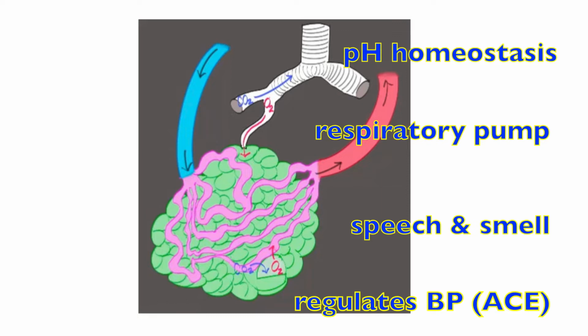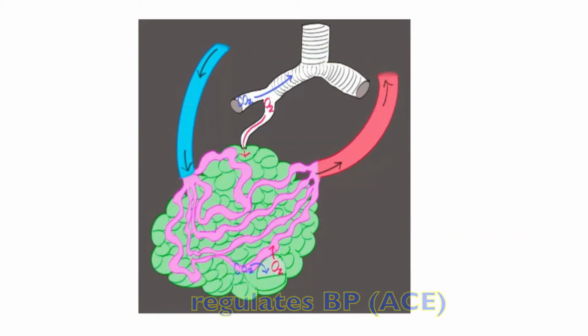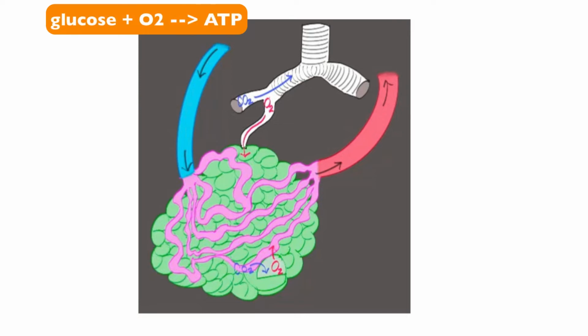Now, one thing I want to point out is, why do we need oxygen? Everyone knows we need oxygen. It's very intuitive. I would say to everybody, if we don't have oxygen, life ends as we know it. Why do we need oxygen? We need oxygen to make ATP. Keep in mind the equation for cellular respiration: glucose plus oxygen is going to produce ATP so our body can do work.